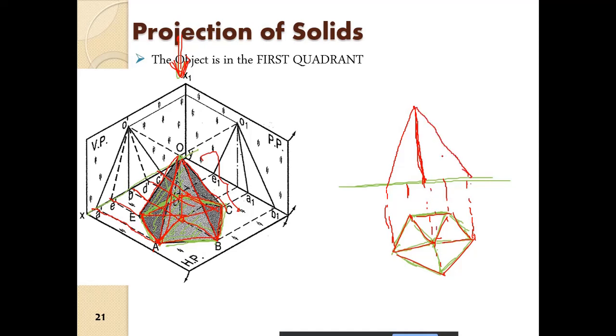So we have these two lines, so basically we will see these two surfaces from the front view. OAB and OBC are the two surfaces that we will see from the front.